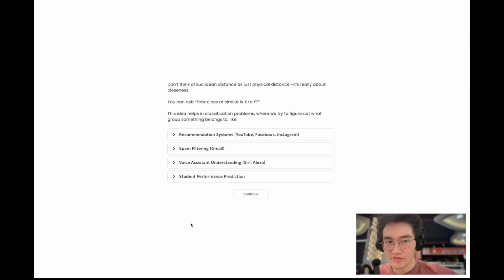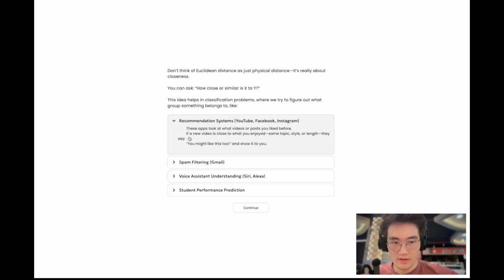Okay? Don't think of Euclidean distance as just physical distance. It's really about closeness. You can ask how close or similar x is to y, like one object to another. This idea helps in classification problems where we try to figure out what group something belongs to, like a recommendation system.